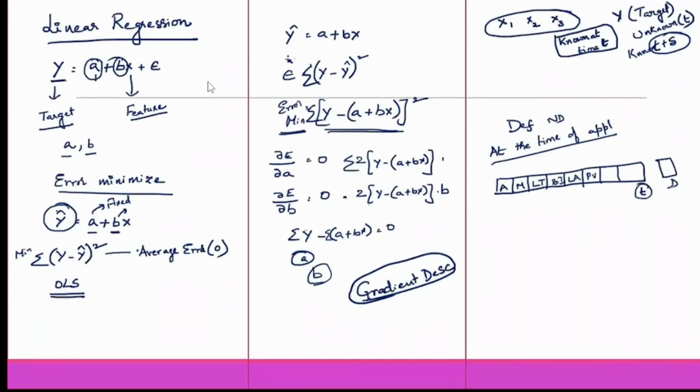The default can occur somewhere from time t plus delta to, let's say, t plus 5 years. The default can happen anywhere during this period, but this is the future. So I want to understand to what extent I would be able to predict this at time t itself.